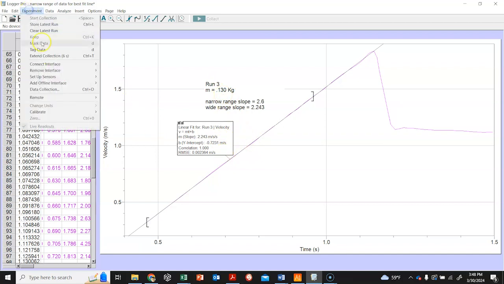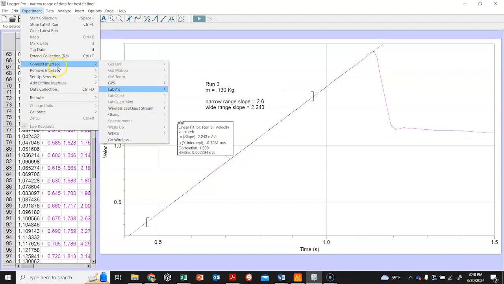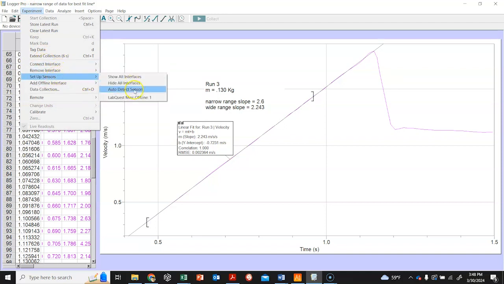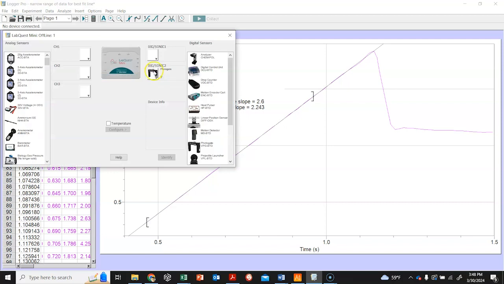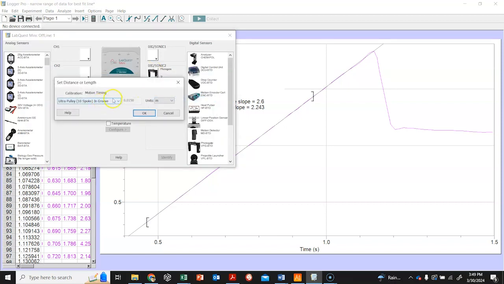If I go to the settings for the interface, there's my photo gate, and there's the setting that we were supposed to have. If you forgot to do that and you let the default of this other piece of equipment called Vernier Picket Fence stay there, watch what happens to the slope of the graph.